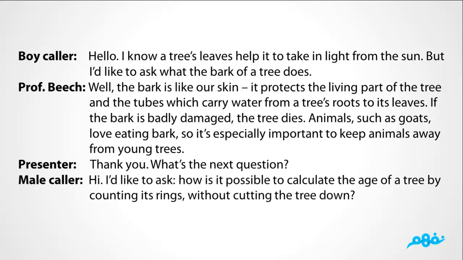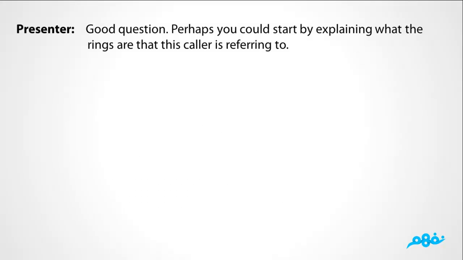Hi, I'd like to ask, how is it possible to calculate the age of a tree by counting its rings, without cutting the trees down? Good question. Perhaps you could start by explaining what the rings are that this scholar is referring to.